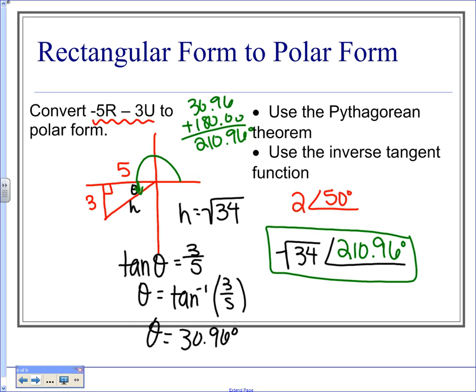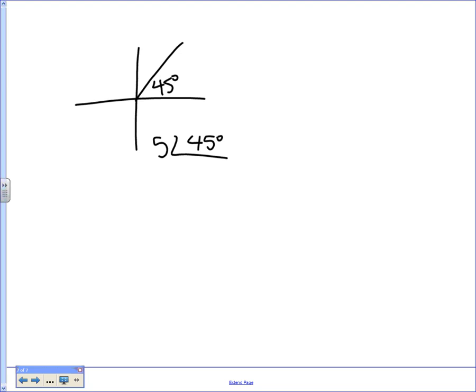Okay? So I'm going to do a couple examples real quick, going over that part. If this is 45 degrees, 5 at what? Does that make sense? Because you start here, and whoop, after 45 degrees you're there. Does that make sense? Okay?